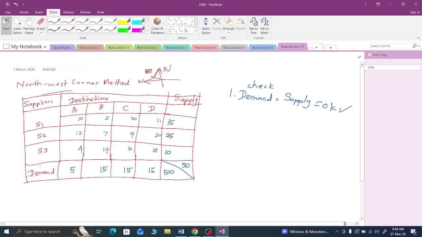We have to write dummy and add one row, and there is no cost, so 0, 0, 0, 0. For our dummy, maybe if the total supply is 49, then 1 is lacking. So we have to put 1 there and add together to say it is 50. So like that we have to initiate that one, right? It is one initial step you have to do.